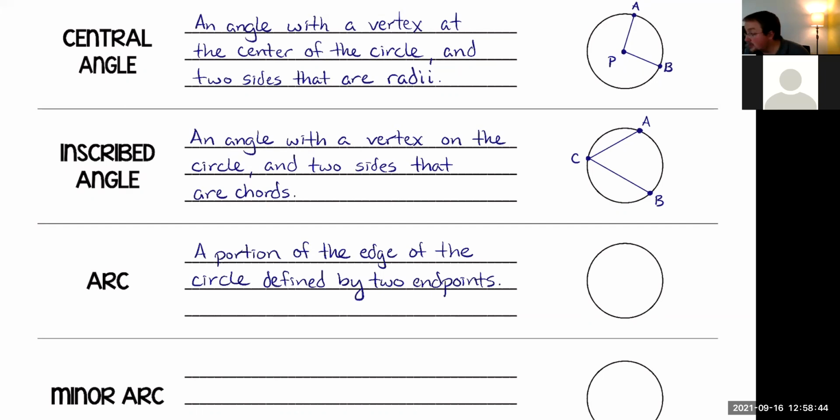Now, there is a symbol that's usually tied to arc. And it looks kind of like a frown from a frowning face.